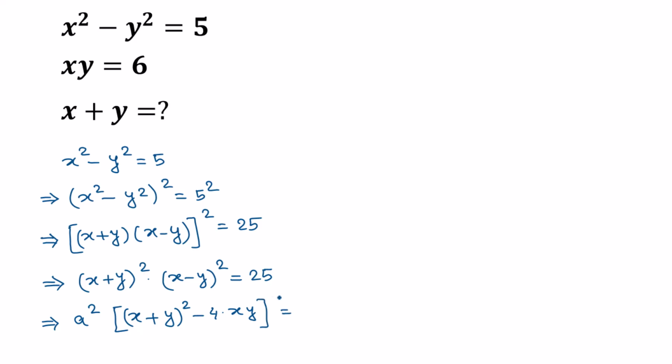This is 25. Here we have applied the formula (a minus b) whole square is equal to (a plus b) whole square minus 4 times ab. Here we have considered this a as x plus y.